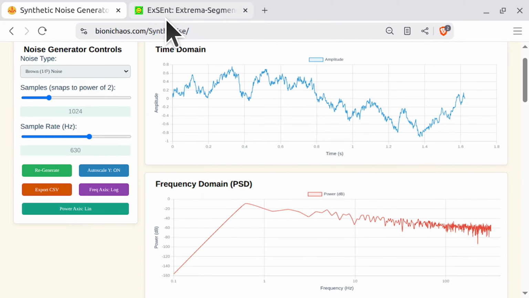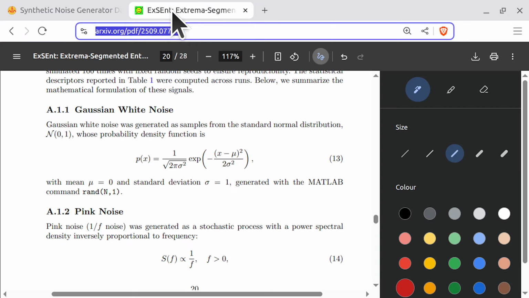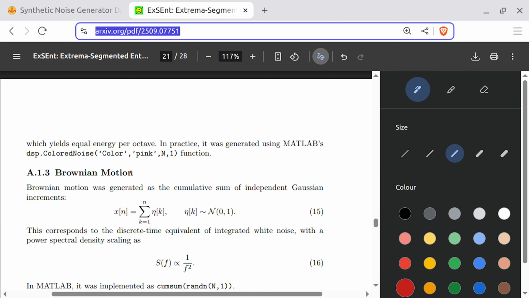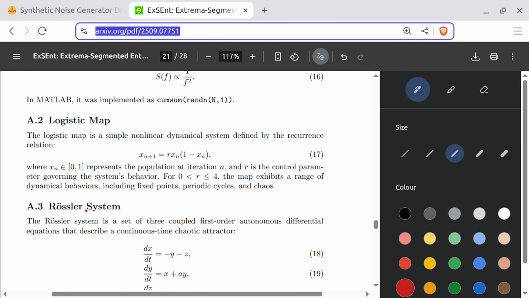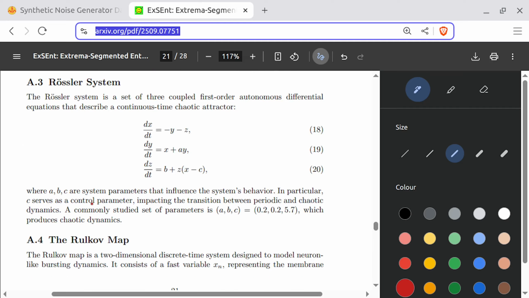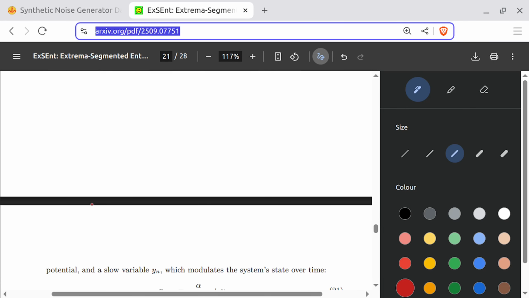So I don't know why you would need more complicated chaotic systems. Yeah, you can generate white noise, pink noise, Brownian motion, and then you have those logistic maps. So it's a simple nonlinear dynamical system defined by a recurrence relation. Okay. So I'm not sure what's the advantage of using them.